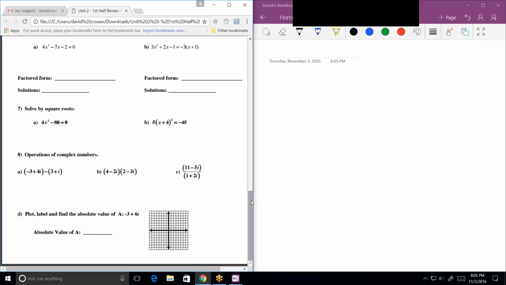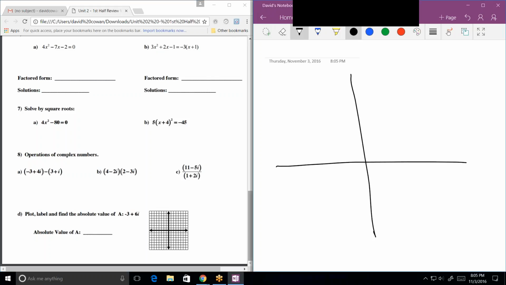Plot, label, and find the absolute value. Okay, the horizontal axis is the real axis, and this is the imaginary part here. So it's not an XY grid.